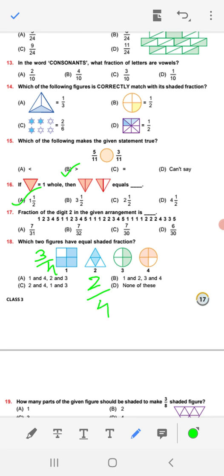Third one is 2 out of 4. Last one is 3 out of 4. So see, 1 and 4 are equal, and 2, 3 are equal in shaded part. So which one option is correct? 1, 4, 2, 3. Option A is correct here.